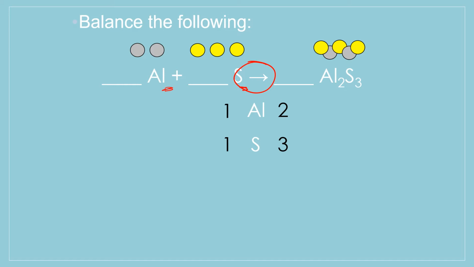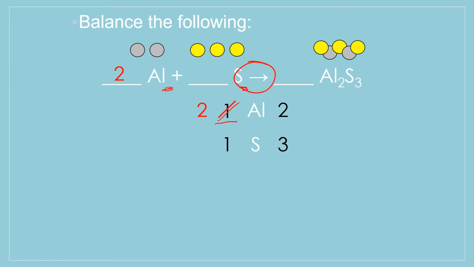Aluminum obviously isn't equal, so I always go to the smaller side and I ask myself, what number times 1 gets me 2? That number you want to multiply by is your coefficient. So now I'm going to take 2 times 1 to get 2. So now aluminum is equal.